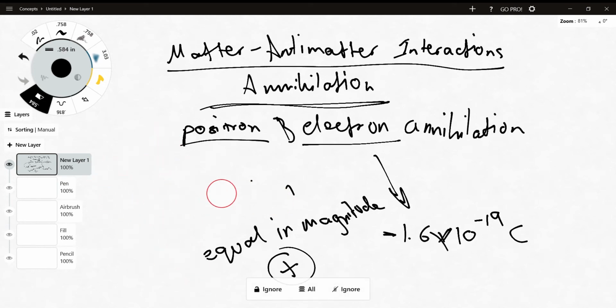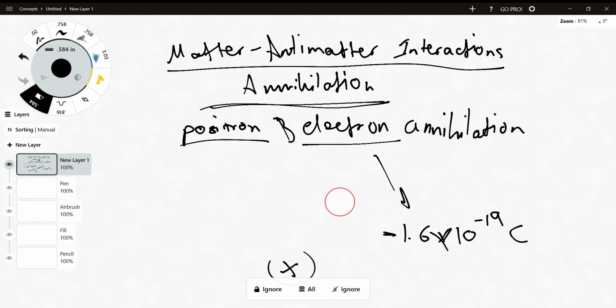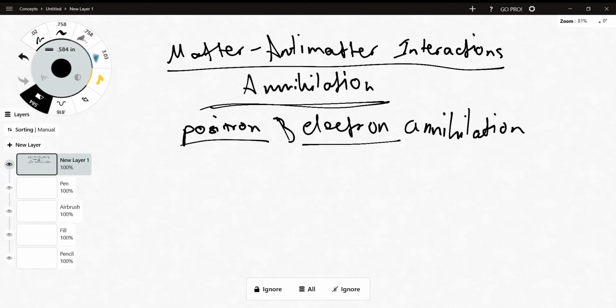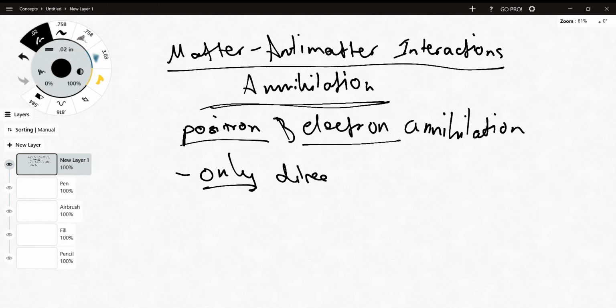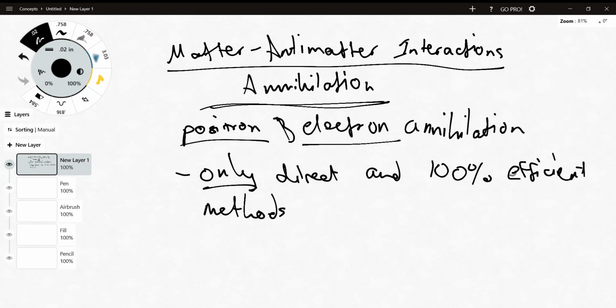Now that definition is established, the interaction between these two is important to note because it marks one of the only direct and supposedly 100% efficient methods of converting mass to energy.